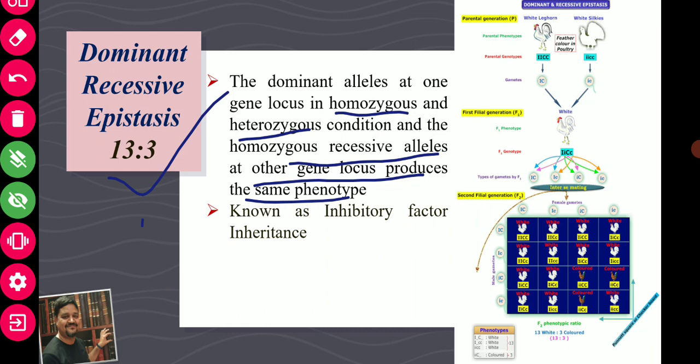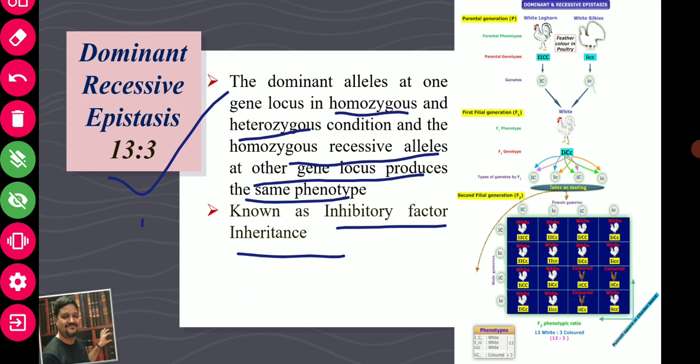Now this type of inheritance is called inhibitory factor inheritance. The example is the color development in poultry. So here you can see the white leghorn feather color.